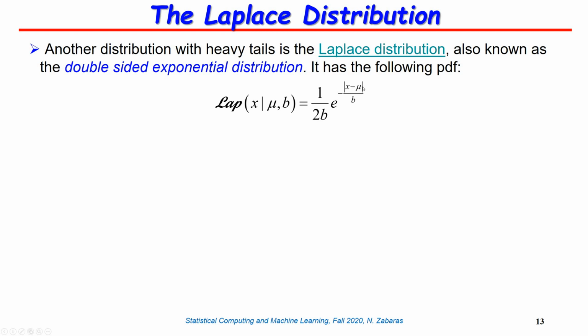We had e to the minus (x minus mu) squared, and maybe that can give you an idea why the Laplace approximation is also robust to outliers, because in some ways the Gaussian distribution penalizes when it tries to match the data.